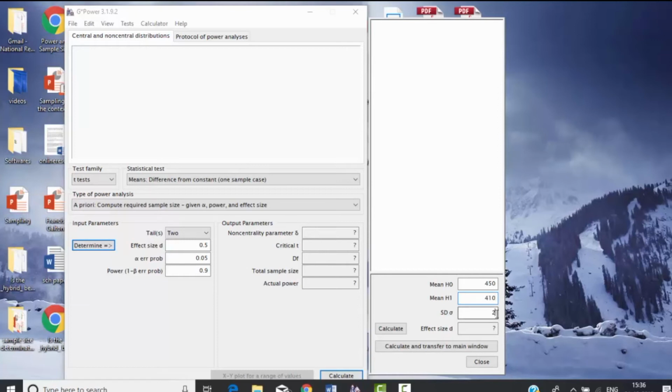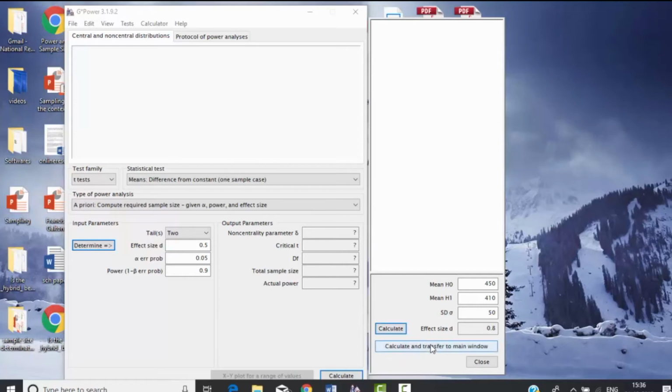Now the standard deviation, we already know that it is 50 hours. Therefore, we will input the 50 hours, and the effect size we will calculate. Now if you see here, it has calculated the effect size as 0.8.